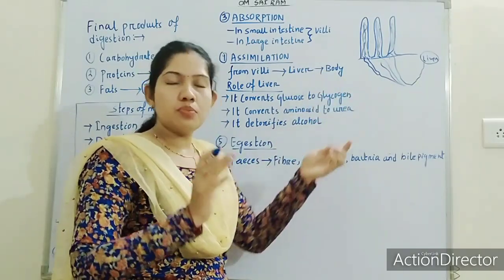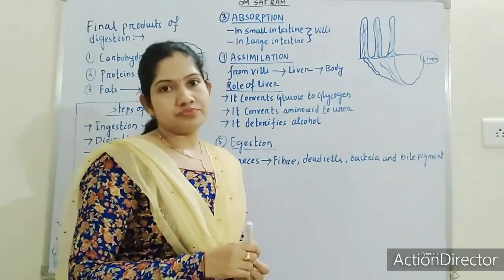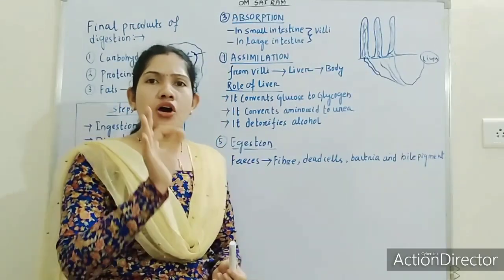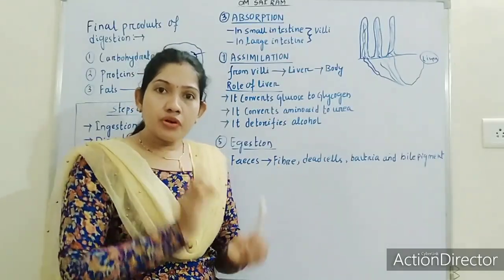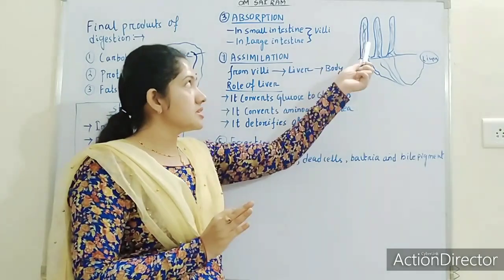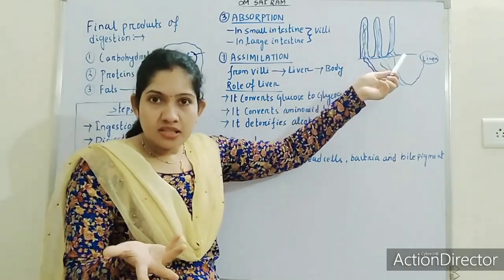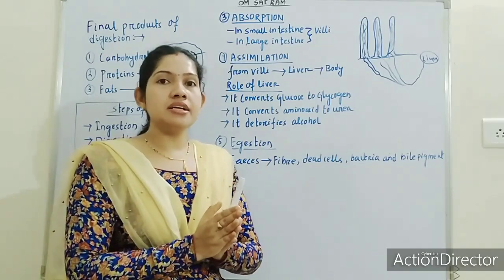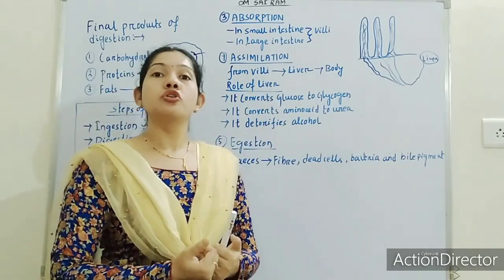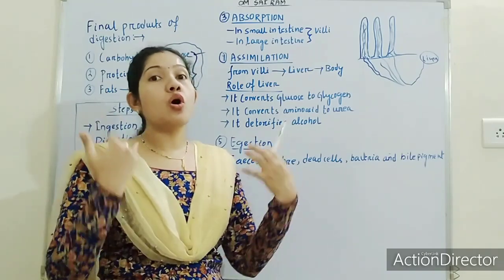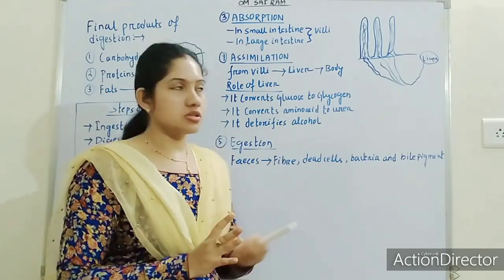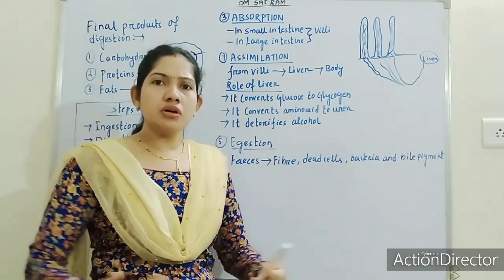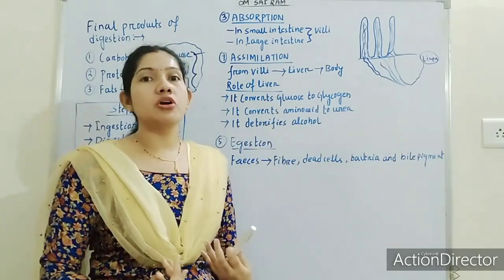This is the process of assimilation. Assimilation is the process in which the absorbed nutrients from the small intestine are sent to the liver, and the liver sends them throughout the body to provide energy to all over the body. Assimilation means transportation to all the body parts.